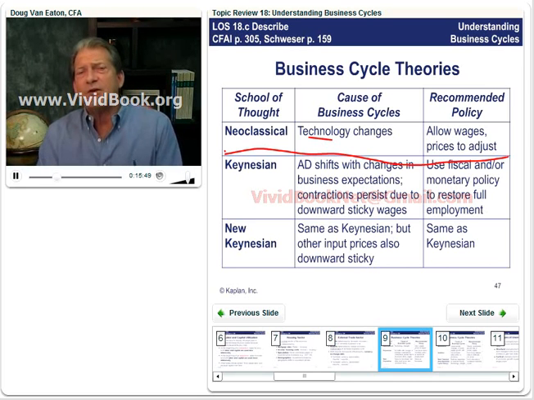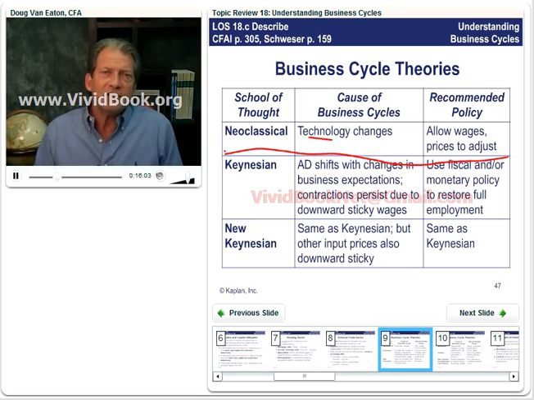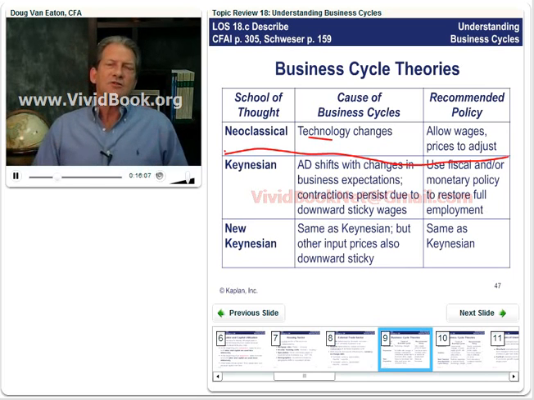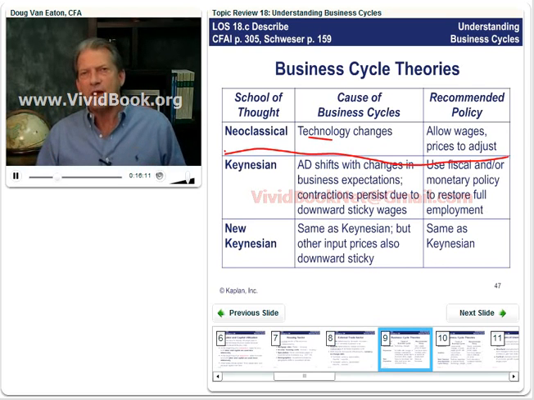And so we had very persistent output below full employment or potential GDP. Unemployment remained high. The economy stagnated. And so Keynes wanted to explain this because the neoclassical economists said, hey, let wages and prices adjust. We'll be back to full employment in no time. Don't worry about this depression.